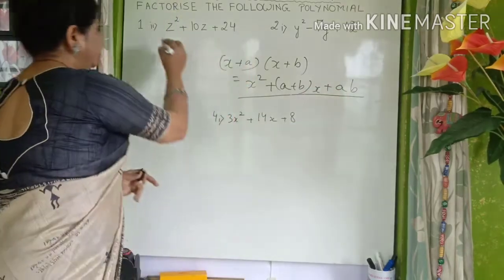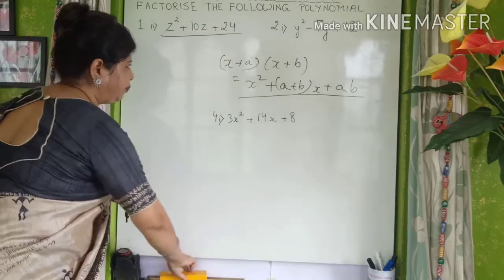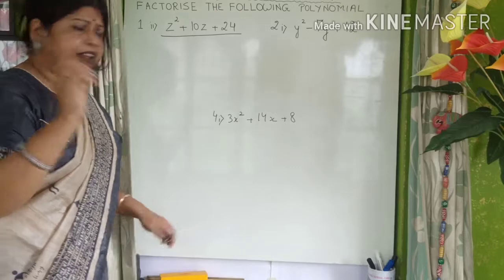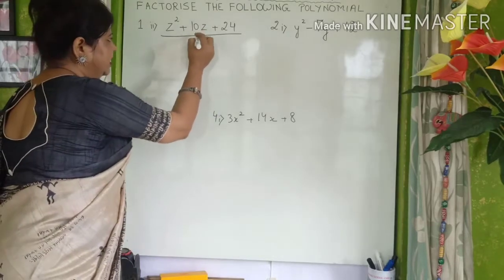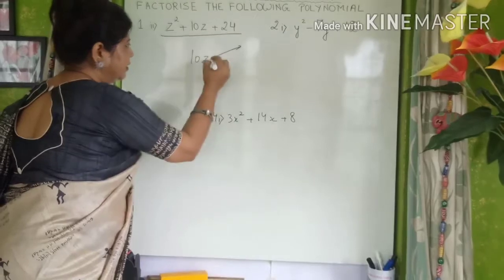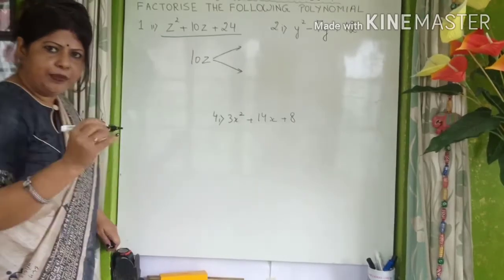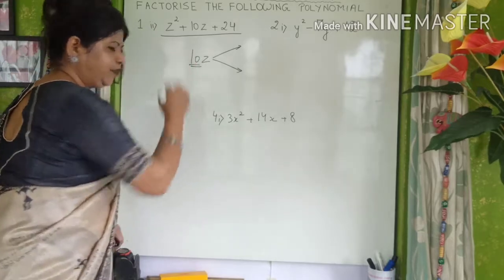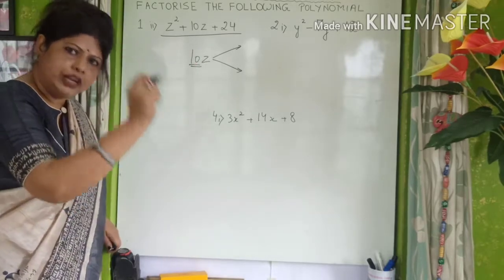Now you come back to the given question. You see 10z. You will break the coefficient of z, that is 10, the coefficient of the literal.